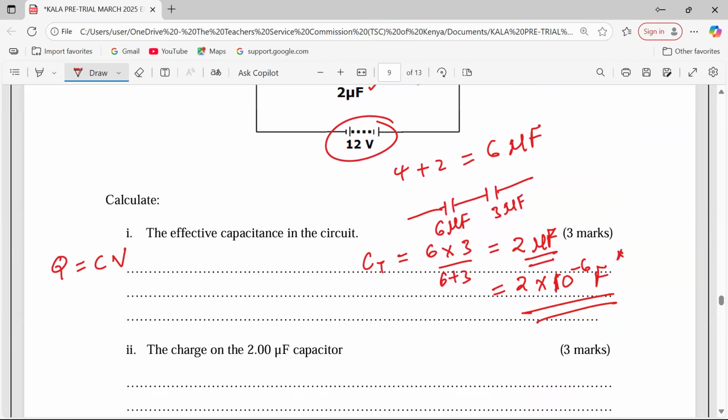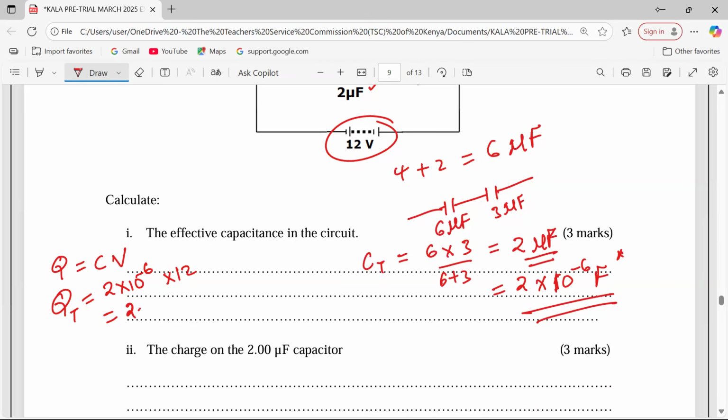So total charge in the system shall be C, which is 2 times 10 to the power of negative 6, multiplied by the 12 volt supply. Let me multiply that: 2 times 12 gives us 24.